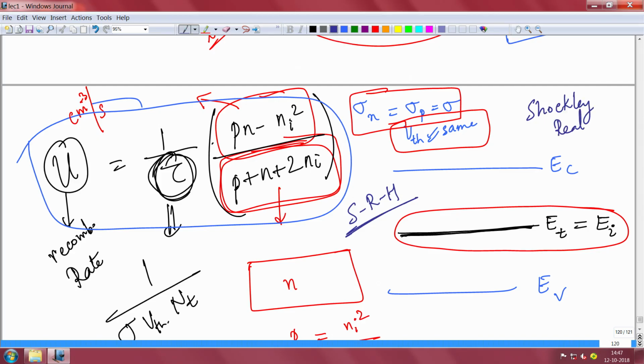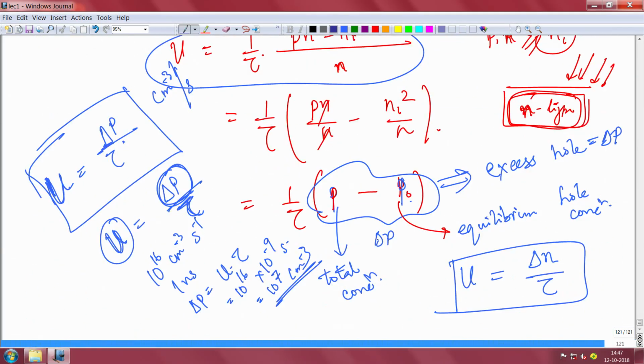These are three people actually. Shockley, Read, Hall statistics gives you this recombination. This is a trap related recombination. I am showing you a shining light example to show how the trap related recombination can take part here.